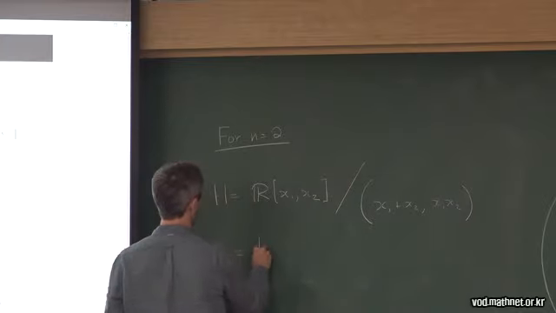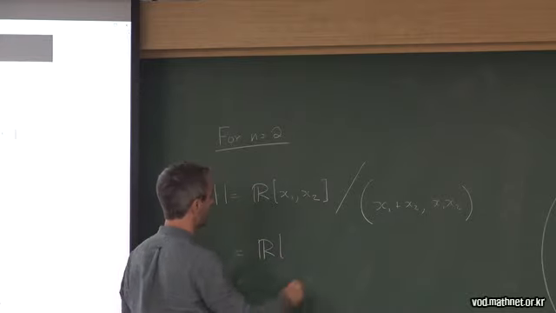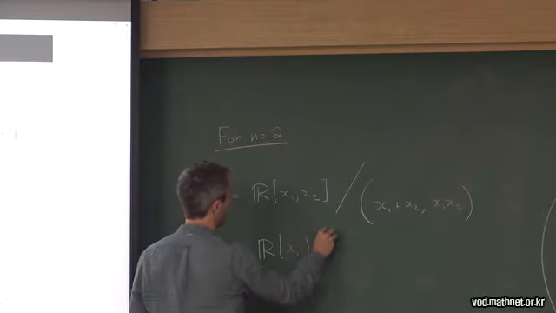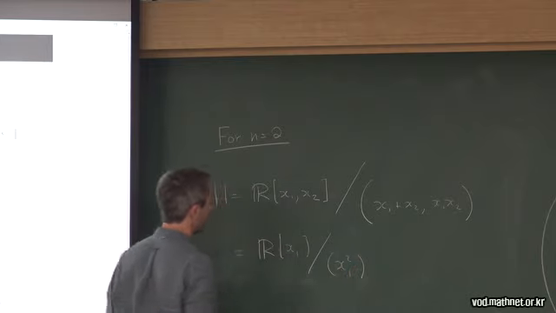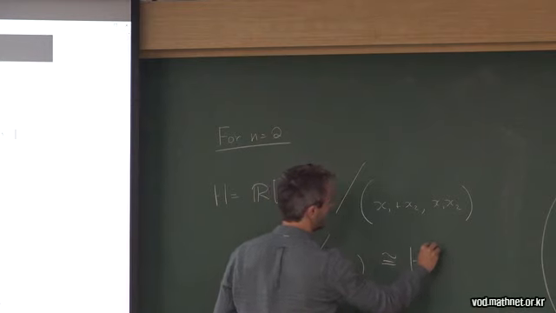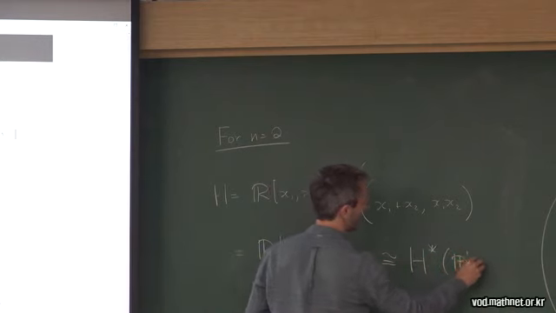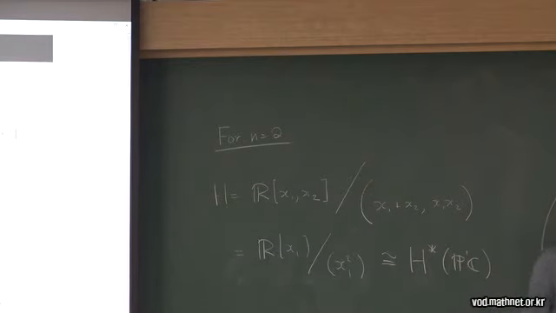This relation tells me that x1 is minus x2. So this is isomorphic to x1 modulo x1 squared, and this is precisely the cohomology ring of P1. Okay, so it's a beautiful, simple algebraic description of this cohomology ring.